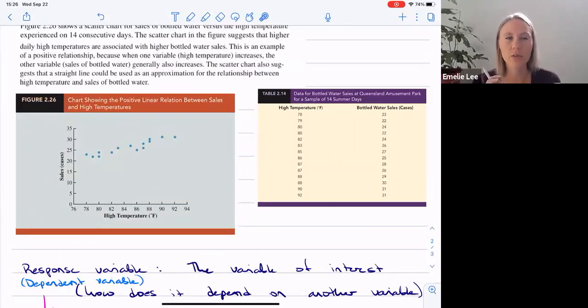There are scenarios where you could put either one on either axis, but for the most part, here, we can't change the sales that we make to change the temperature, but the temperature is going to impact how much we make in sales.